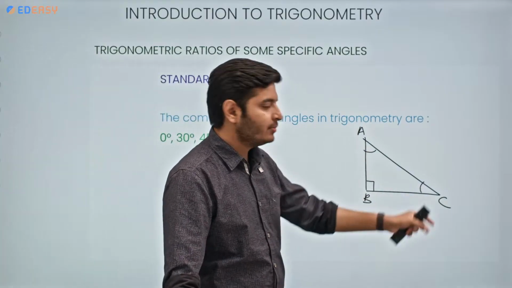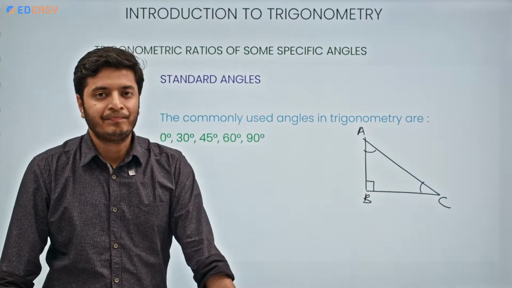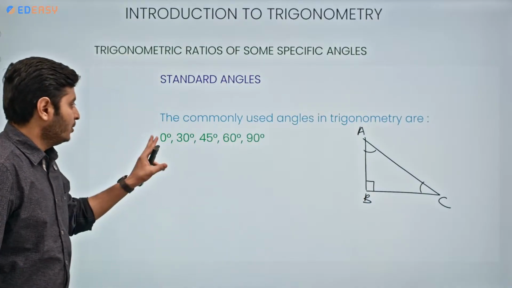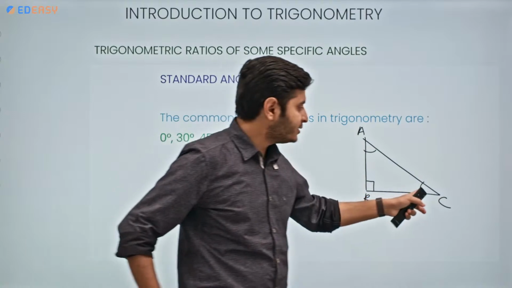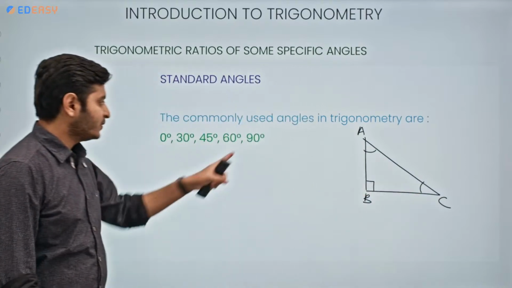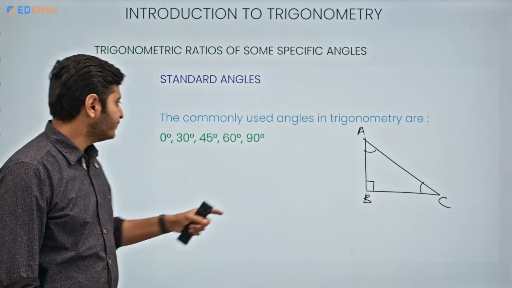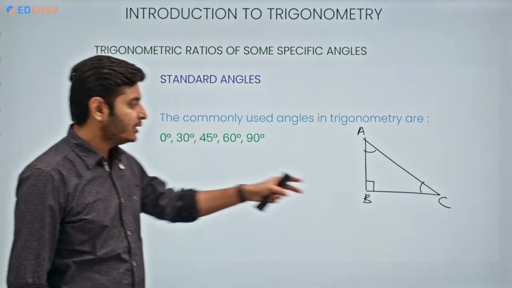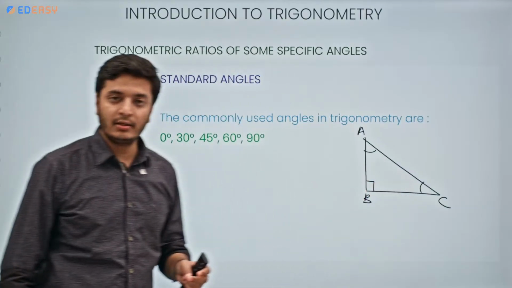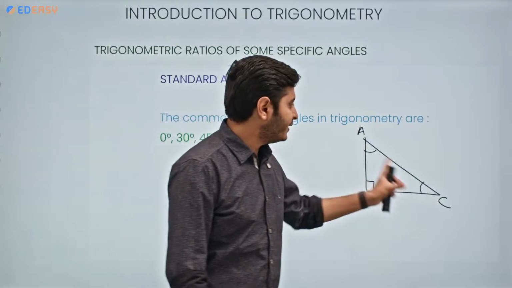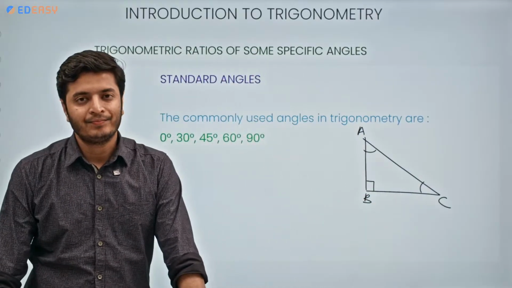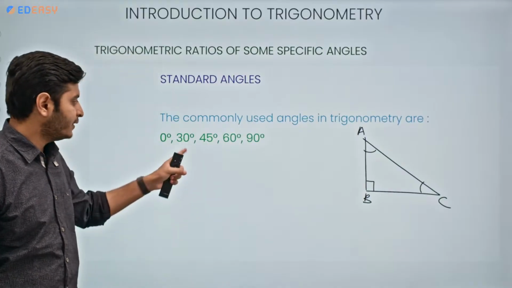Complementary means their sum is always 90 degrees. Now, mostly you are going to deal with 0 degrees. If suppose one angle is 0, then the other one is 90 degrees. So it means we need to deal with 90 also. If one angle is 30 degrees, then the other angle is 60 degrees, correct? So we are dealing with 30, 60. And if one angle is 45, then the other one is also 45. So it means we need to deal with 45 degrees also.